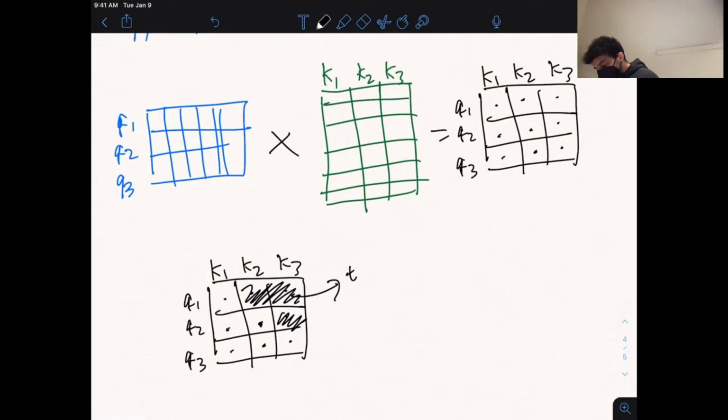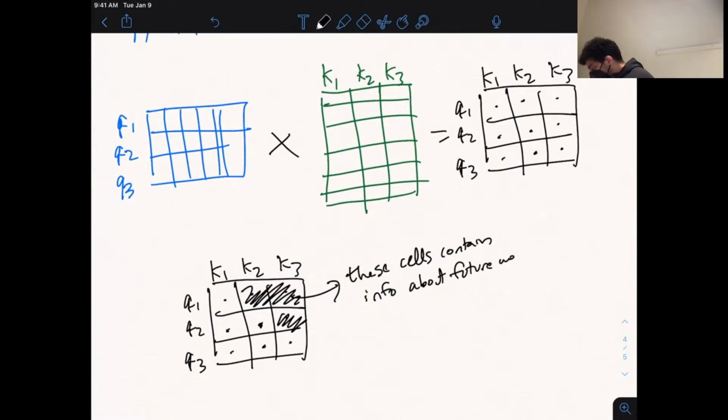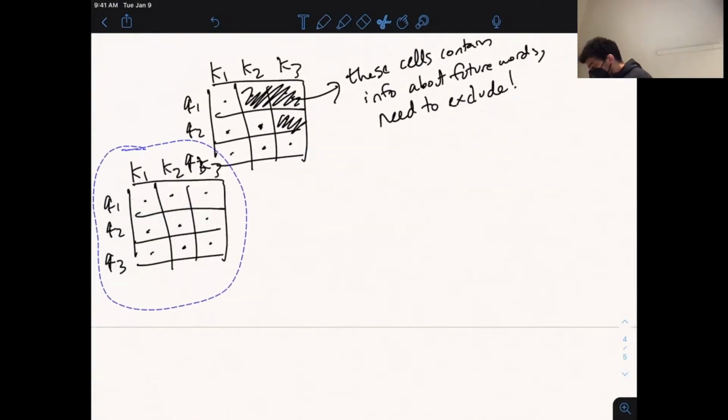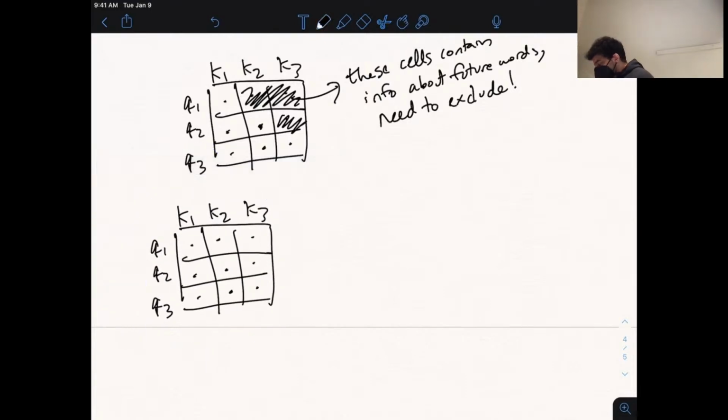So these cells contain info about future words that we need to exclude. What we're going to do before applying the softmax on each of the rows of this matrix is multiply it element-wise by a mask matrix.